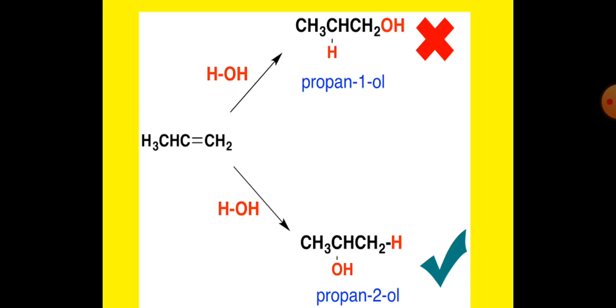The first product is the correct product for anti-Markovnikov's rule, and the second product is the proper product according to Markovnikov's rule.